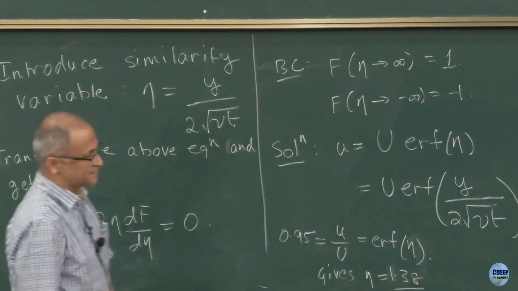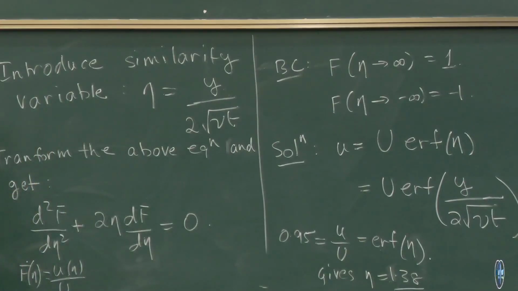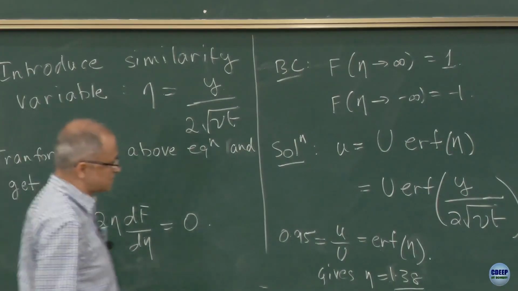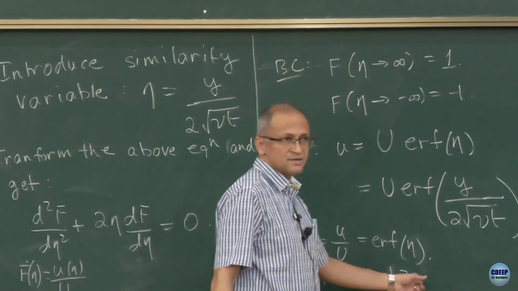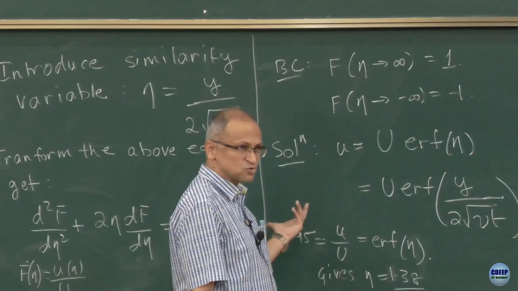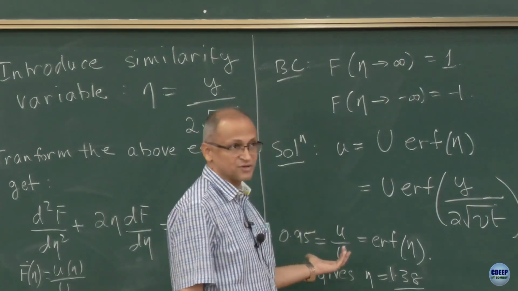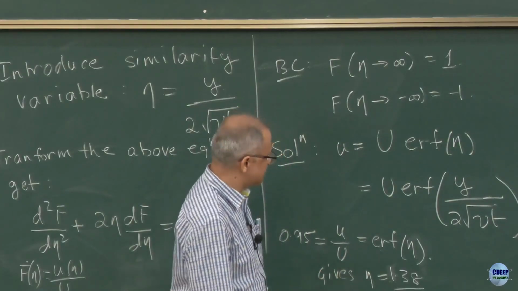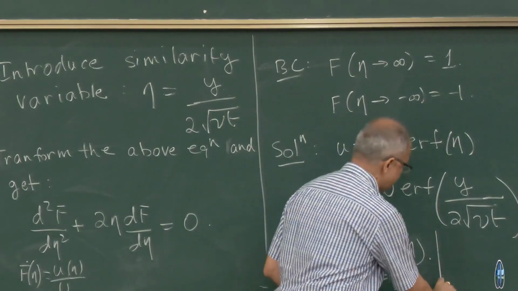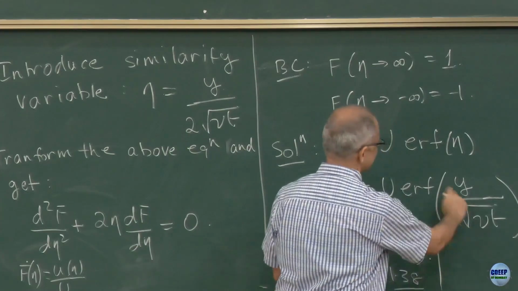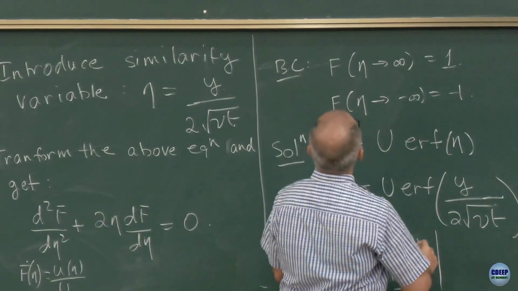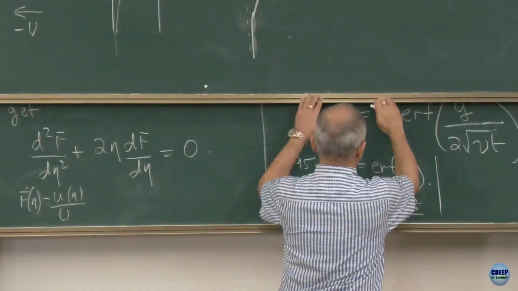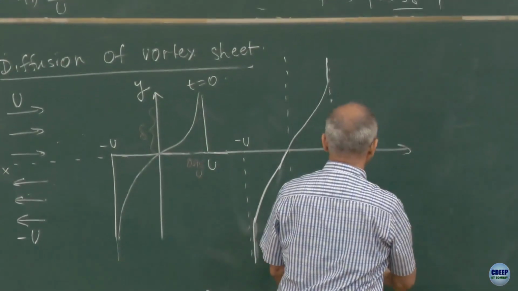This is a value that I read from the table, or if you calculate the error function at various points, you will find that at 1.38 it has a value almost exactly equal to 0.95. So that is the eta value that I take. Now what is eta?